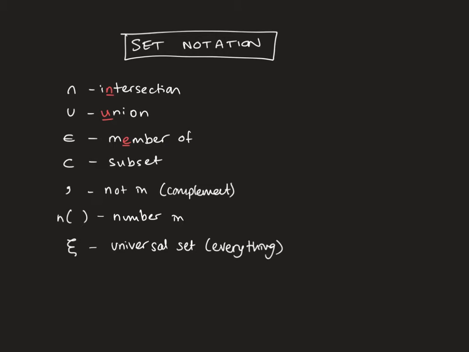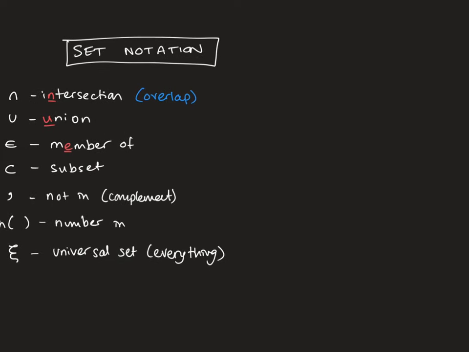I'm going to start with intersection, which essentially means the overlap between different sets or different groups of data. So, for example, we might have a Venn diagram, which I'll show here. Within that Venn diagram, the overlap would be everything that is in that section there that overlaps between the two of those.